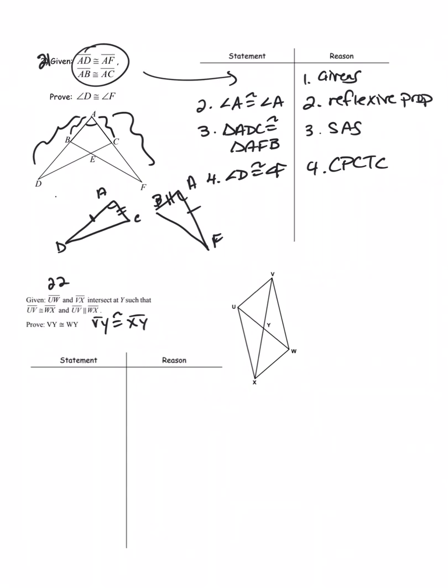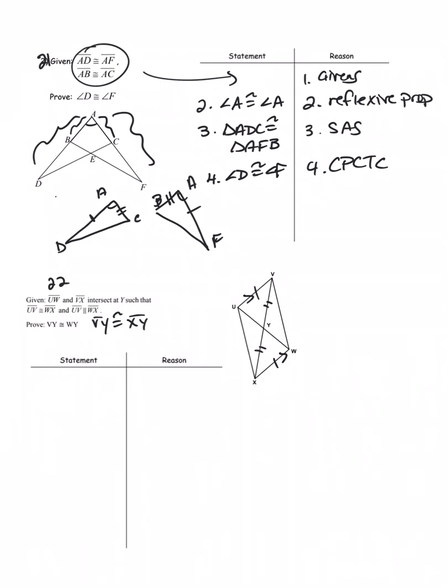Okay, UV and WX. And these are also parallel. Eventually, we're going to do this proof a different way when we get to parallelograms. But for now, we're going to use the knowledge that you know. And VY is congruent to XY.